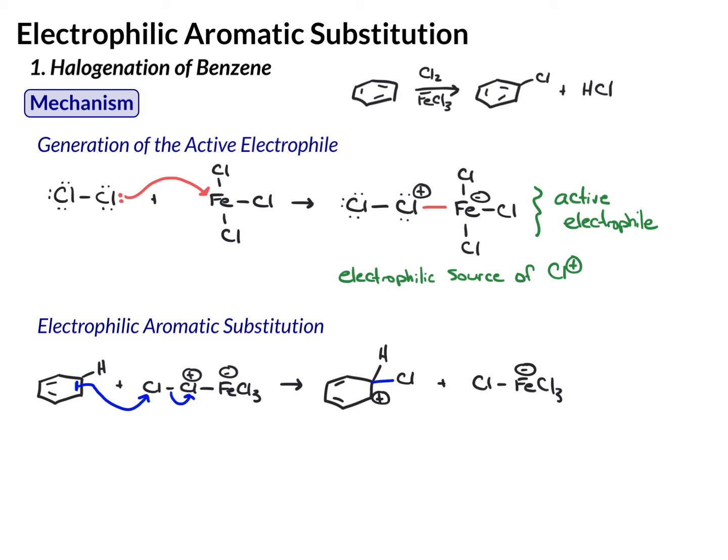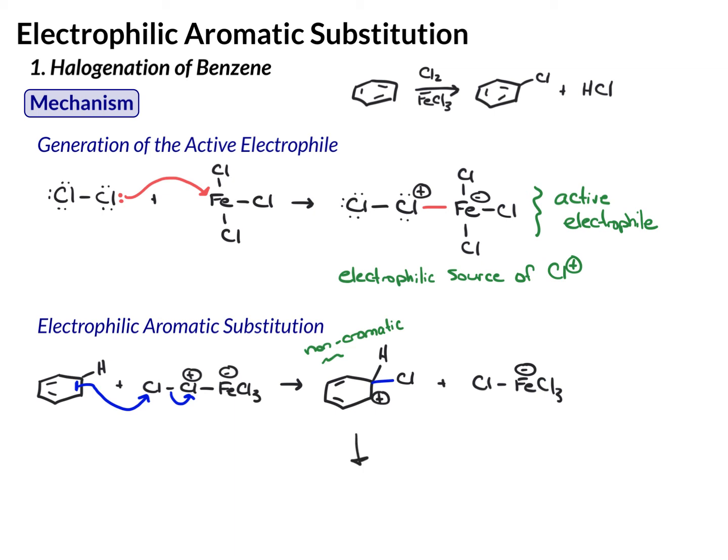From here, we have temporarily lost aromaticity. This structure that I've drawn with the carbocation is non-aromatic. It really wants to reform the aromatic ring for stability purposes. So what's going to happen next?